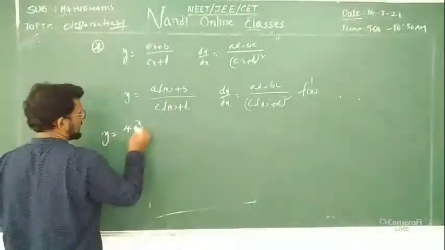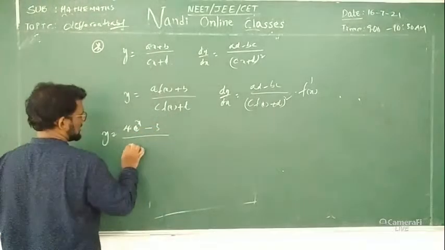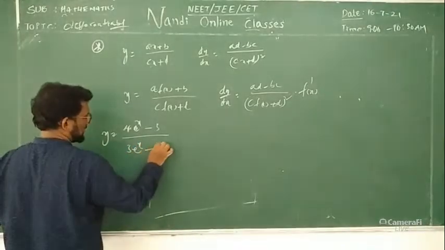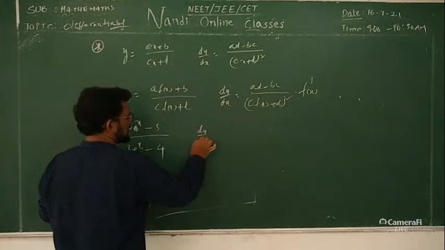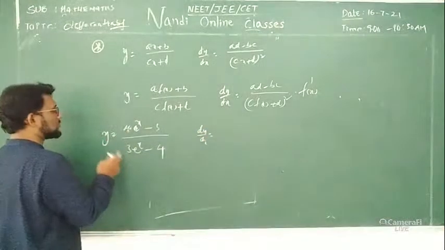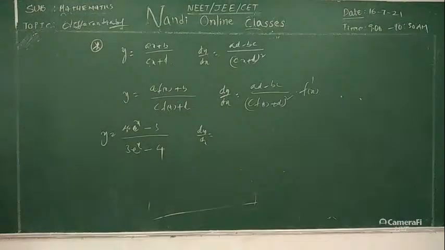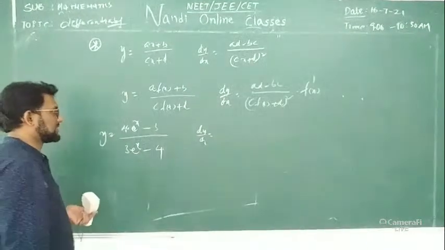4 into e power x minus 3 by 3 into e power x minus 4. So find dy by dx. Actually the u by v model can be applied, but simplification will be there.